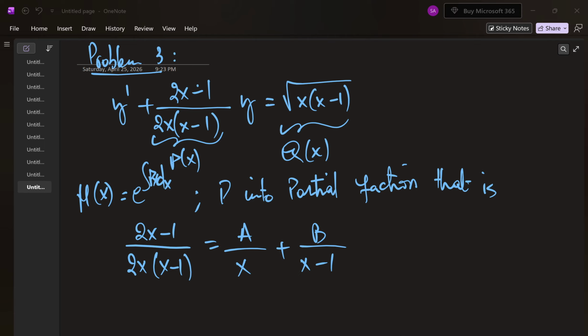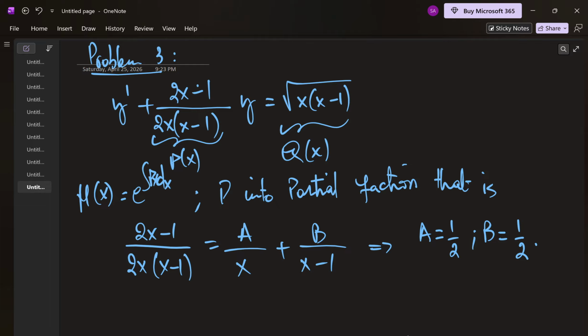When you compute a and b, you will find finally that a is equal to 1/2 and b is equal to 1/2. I didn't write all the calculations because you know how to find a and b. You add and simplify, and you do the identification with 2x minus 1, and you get a and b.